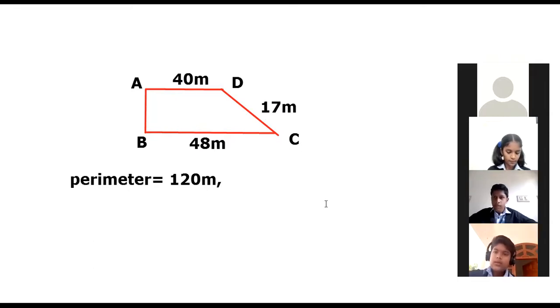The value of AB is not here in the question, but another piece of data is given: AB is perpendicular to the sides AD and BC.